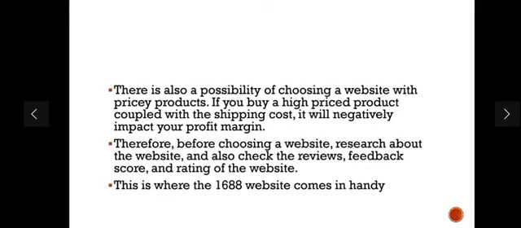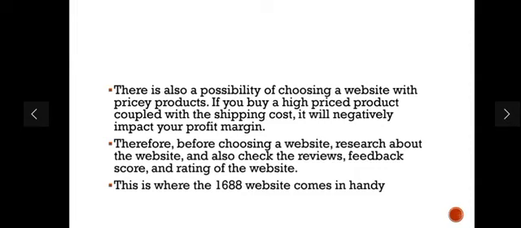So it's very good that you buy from websites whose products are relatively cheap with good quality. Therefore, before choosing a website, research about the website and also check the reviews, feedbacks, scores and rating of the website.